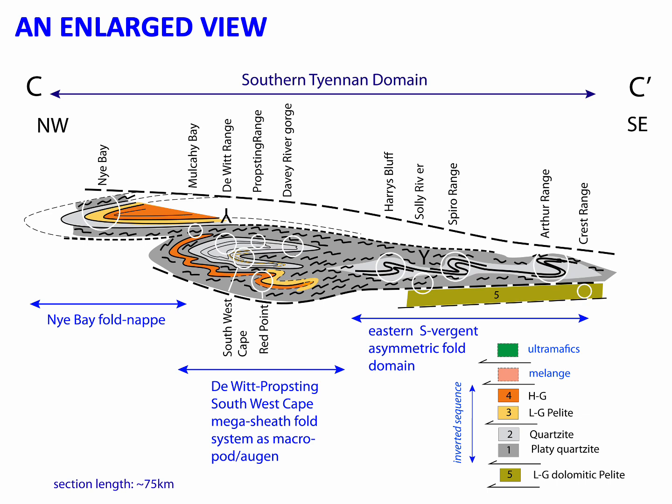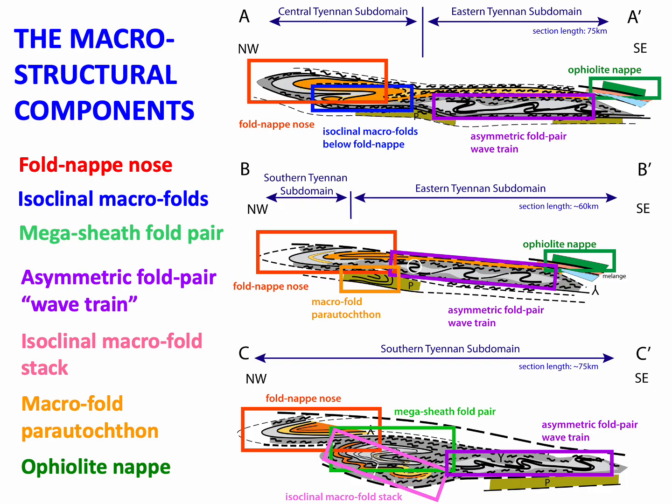The structural relationships at the geographic points were used to construct the profile. Differences in younging between the upper Nye fold map and the inverted sequence through the mega sheath folds require a major shear zone along the base of the fold map. Now identifying the major structural elements as components of each structural profile.